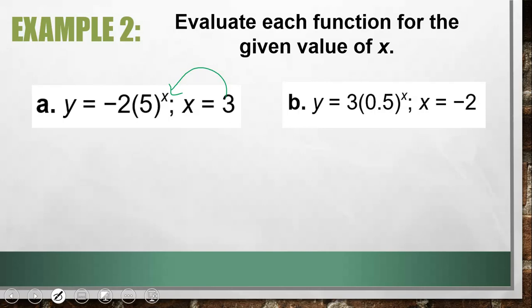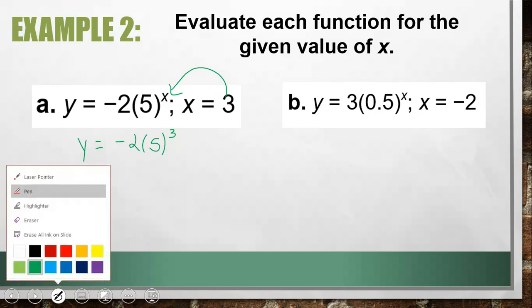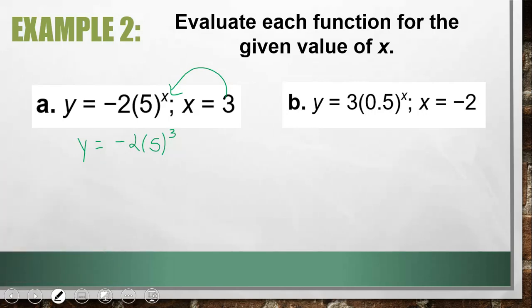So we shouldn't be multiplying -2 times 5 to get -10 and raise it to the x. We have to take that 5, raise it to the third power, and then multiply times -2. So we're going to get y is equal to -2, and then in parentheses 5 raised to the third power. I have to do this 5 to the third first because exponents come first.